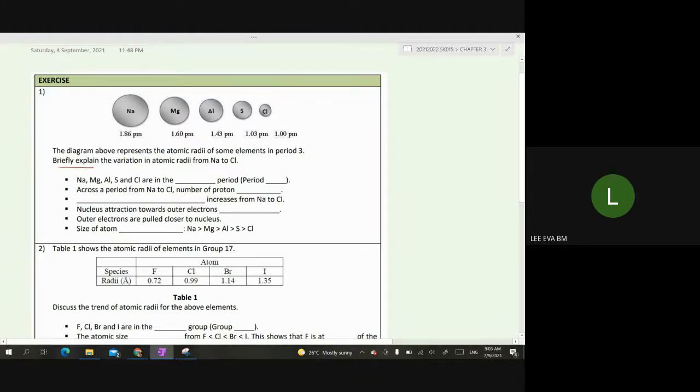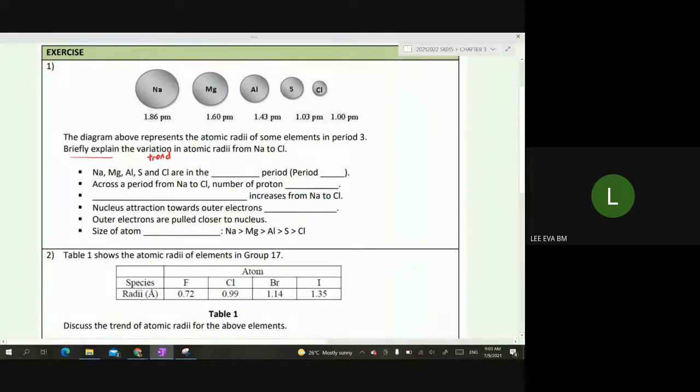So variation is also the trend. Sometimes the question asks for trend, sometimes variation. Sodium, magnesium, aluminium, sulfur, chlorine are in which period? Period 3, the same period. The question has already given it.